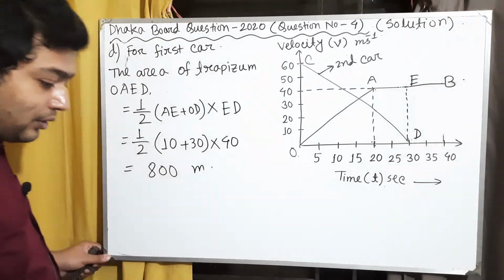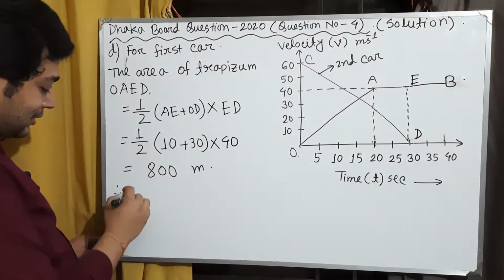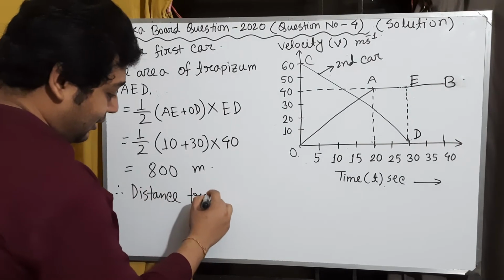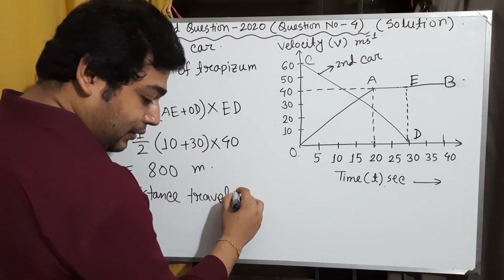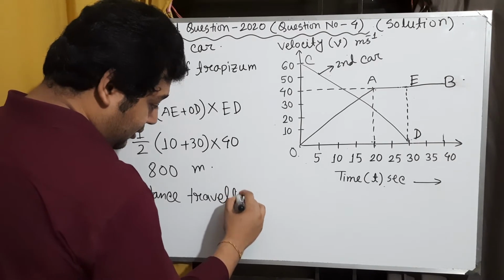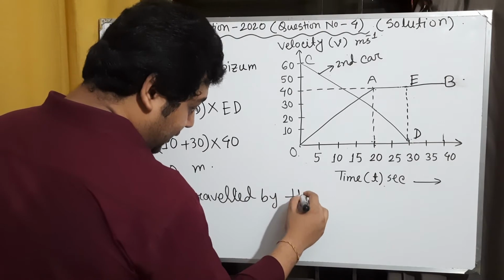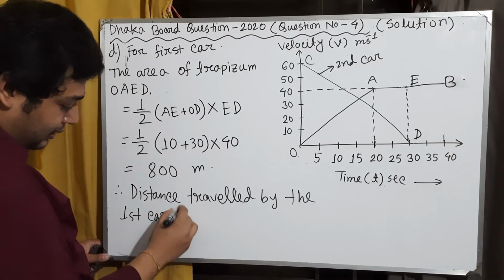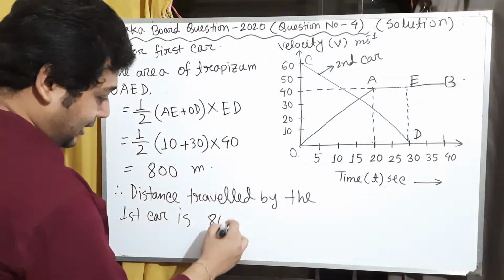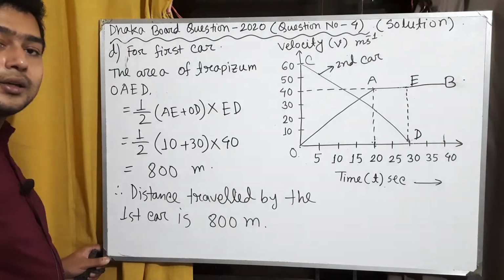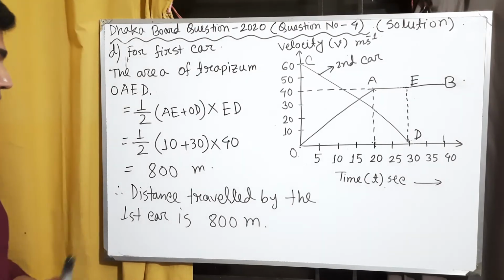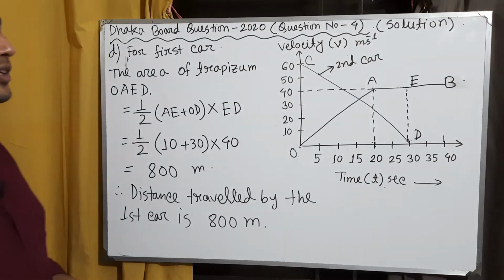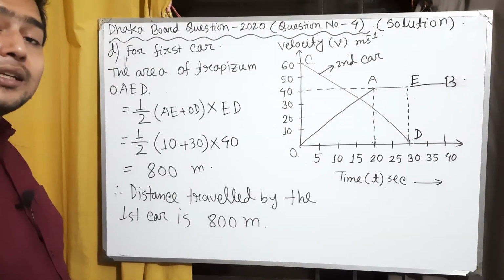meter. So the distance traveled by the first car is 800 meters. Now we will discuss the second car.